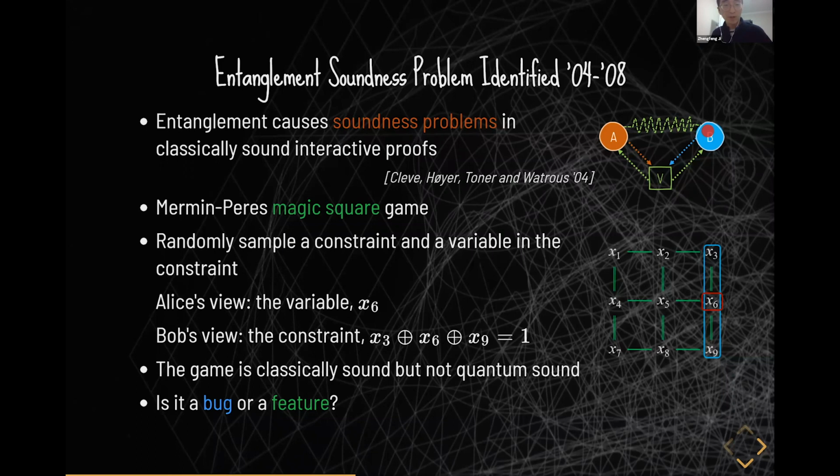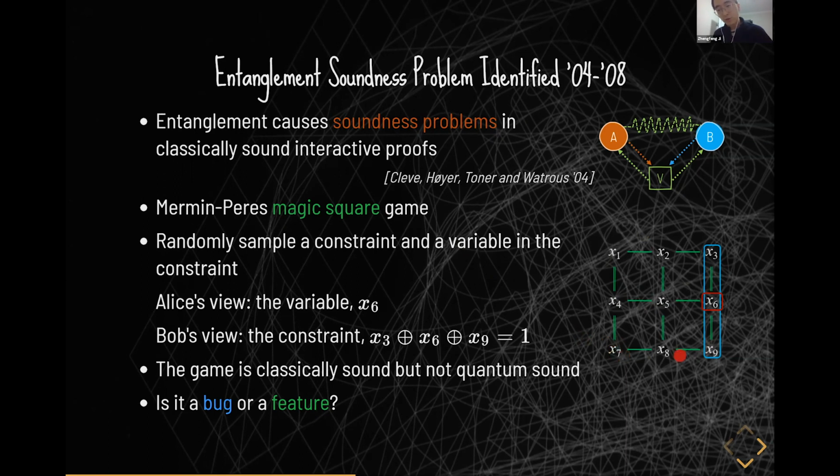So there could be classically sound interactive proofs that are not sound quantumly. And there's this game called the Magic Square game that is exactly an example like this. It's a very simple game. You have a 3 by 3 table with 9 variables, and each row has odd parity and each column has even parity.